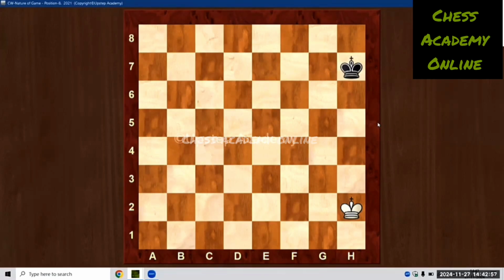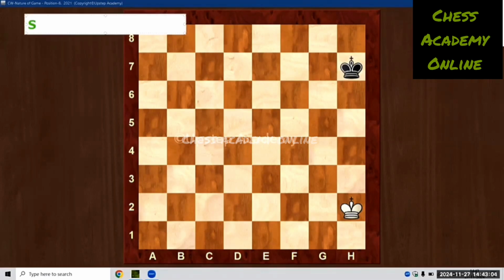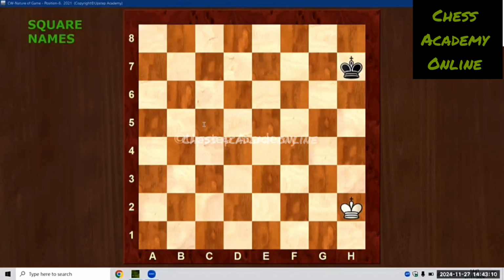So after learning the 3 types of lines, let's learn the square names, how to use these letters and numbers, how to name the squares. So let me highlight a green color square right here in the middle of the chessboard.